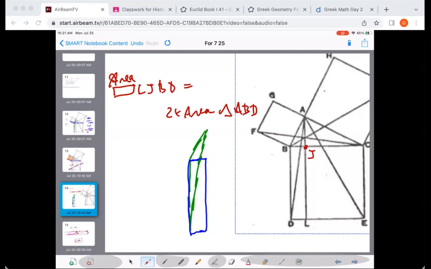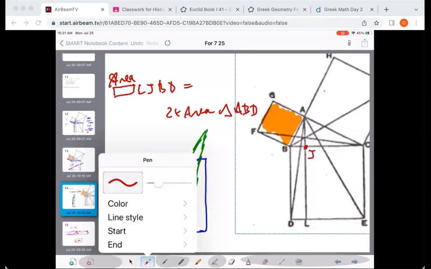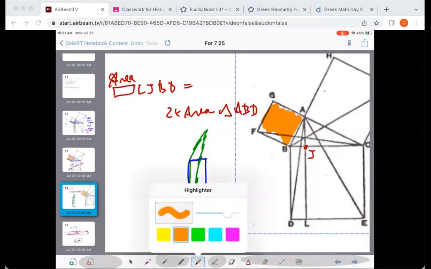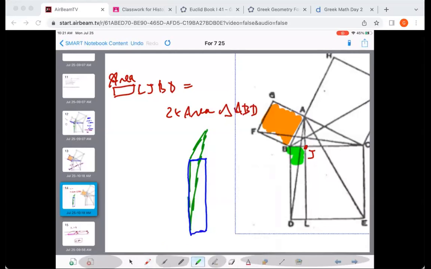So the square is double the first triangle, and the rectangle is double the other triangle. This is so cool. But those two statements separately don't tell us anything.